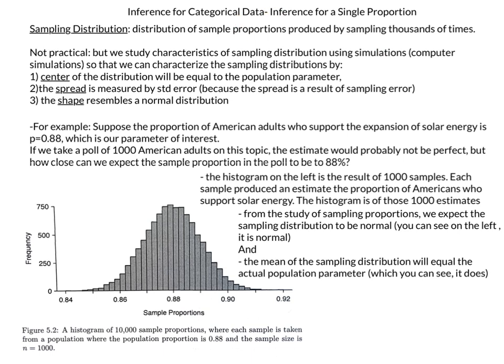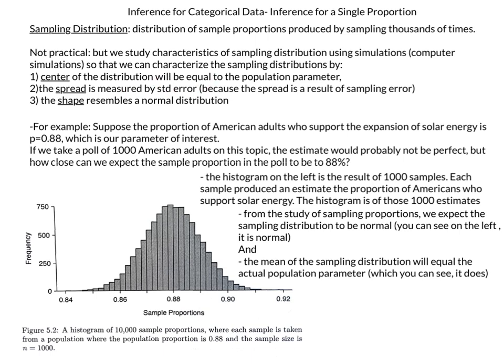So if you have 1,000 simulations, you have 1,000 proportions, and then you graph that as a histogram, and you get this distribution curve. What you see is the center of the distribution will be equal to the actual population parameter. Remember, since this is a simulation, we can actually calculate the population parameter for the whole set. Then we see the spread is measured by standard error.